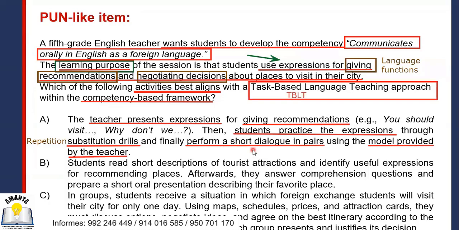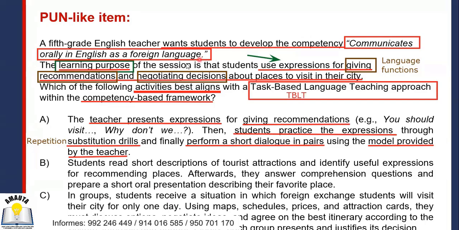In the second activity, B says the students read. Remember, think about what type of activity it is and the purpose of the activity, and whether the purpose is aligned to this.